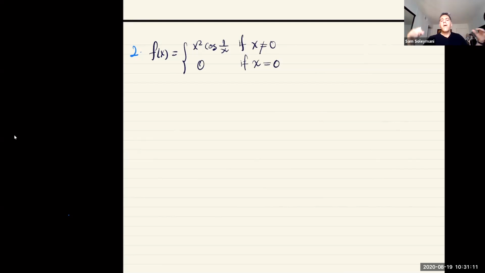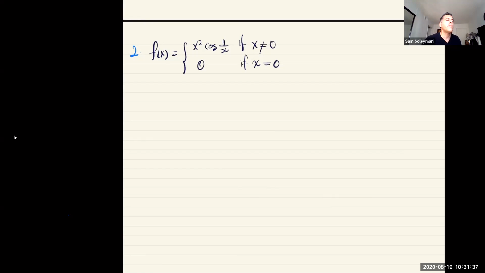Okay, so remember, in order for a function to be differentiable, it has to be continuous. If a function is not continuous, it's definitely not going to be differentiable. If there's a hole, not differentiable because it's not continuous.